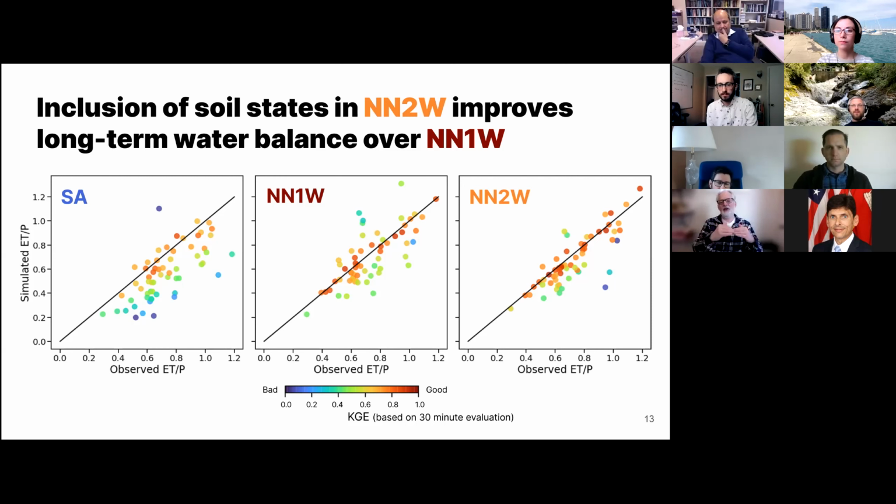I just wanted to say, I've looked a little bit at the literature on flood forecasting in Canada by neural networks. In the 2000s-ish, there were some people in Canada, in Ontario in particular, publishing a lot of papers on neural network AI for flood forecasting.